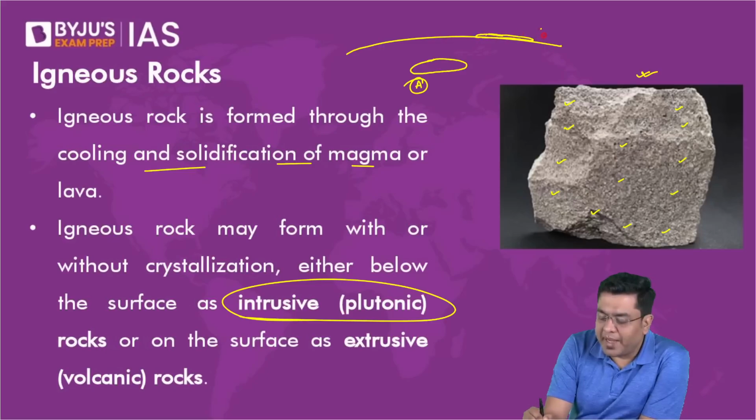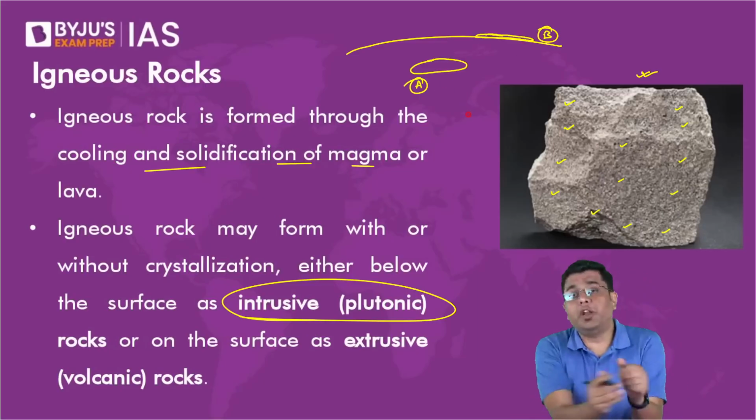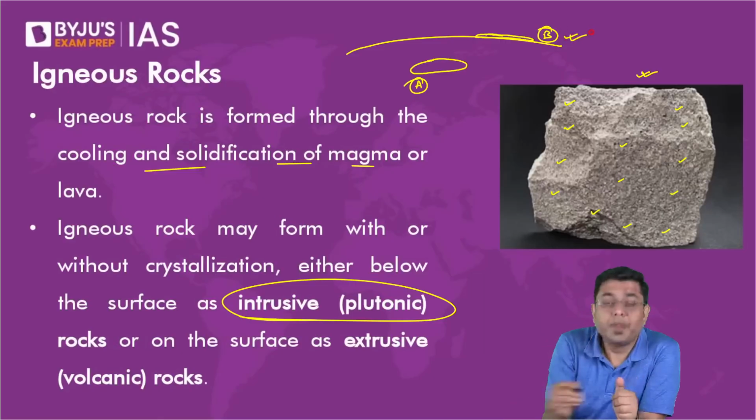Let's represent this by case B. Now, out of A and B, where do you think the solidification process will be faster? In the interior, that is A, or on the exterior, that is B? Beautiful. Very good. It will be exterior. It will be case B.